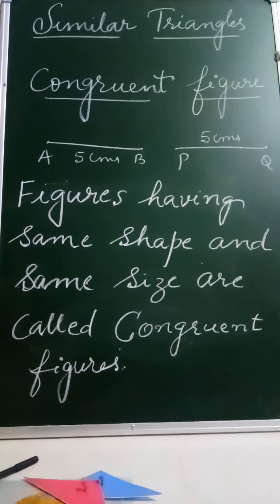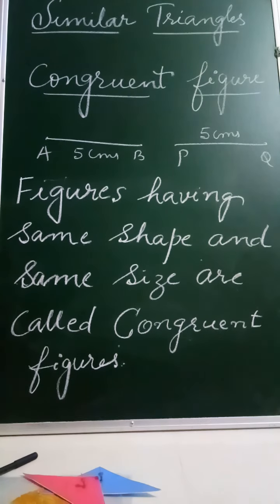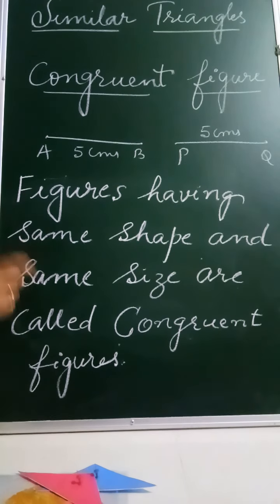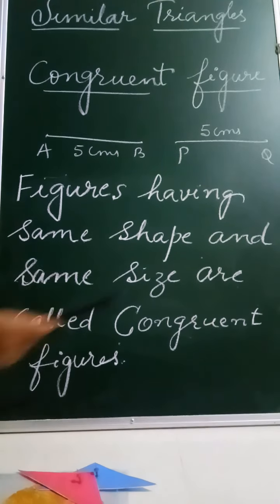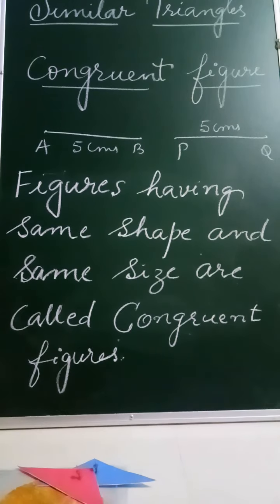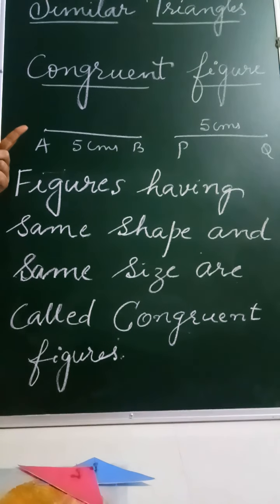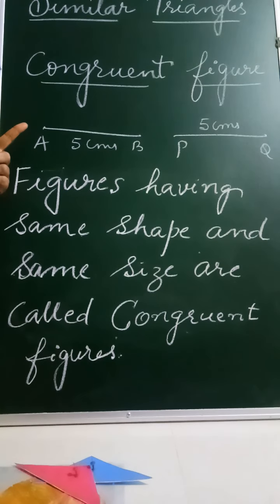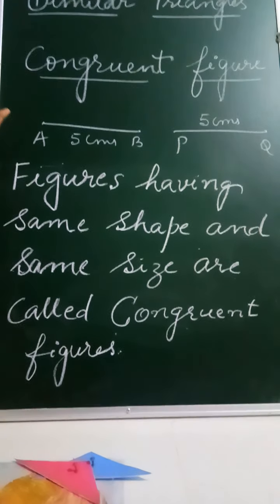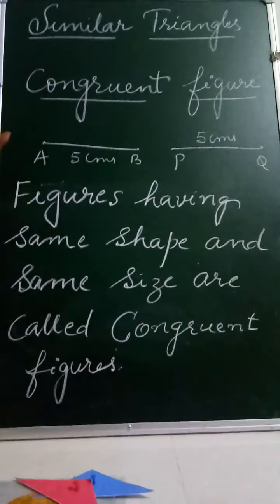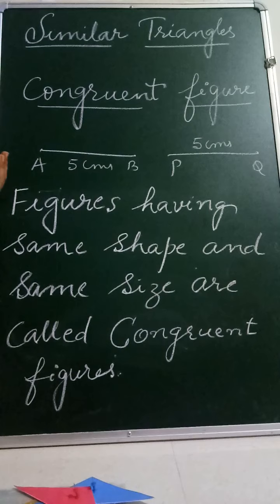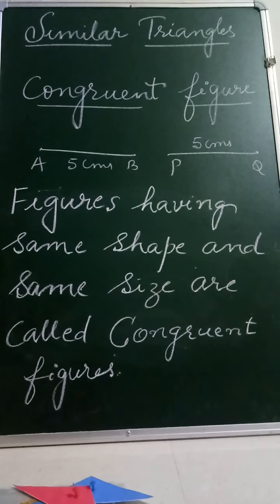What are congruent figures? Figures having same shape and same size are called congruent figures. In the first example, the shapes are same, both are line segments, and the sizes are also same, both are of same length. Therefore, these 2 lines are congruent. Then I showed you circles. They are of same shape and same radii, same size.